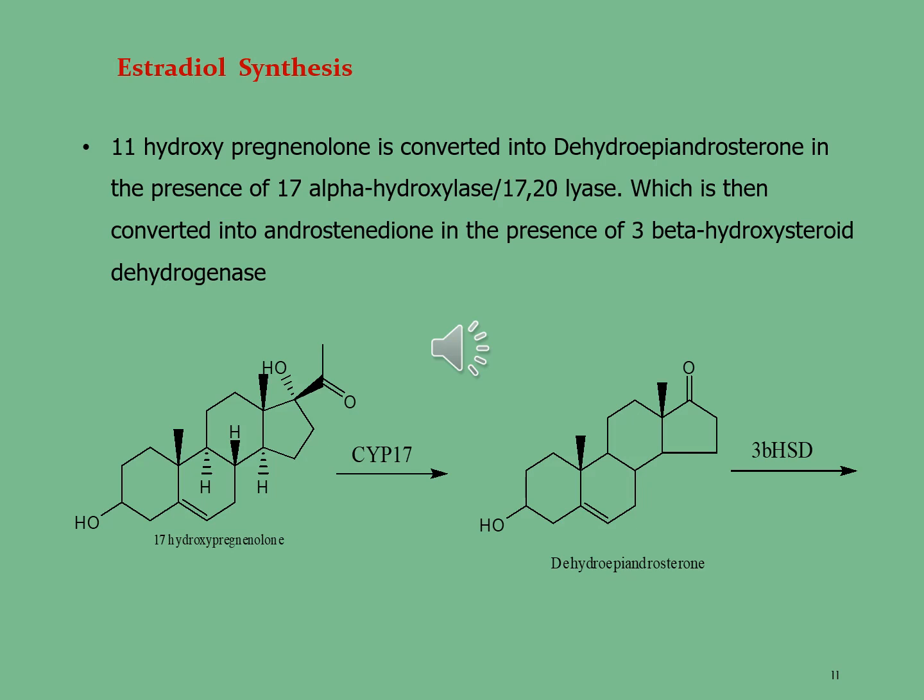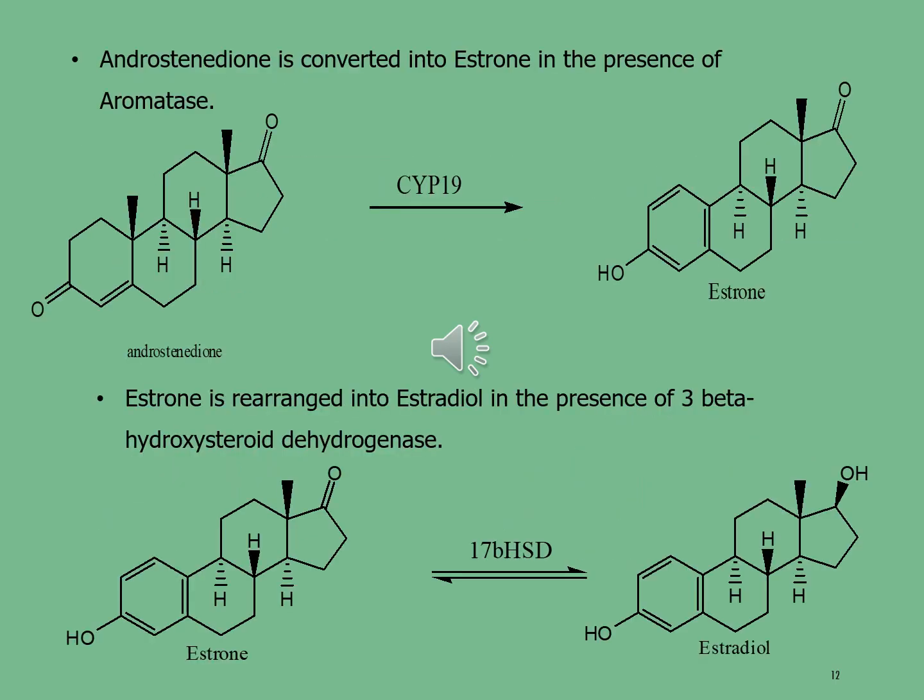So this molecule is known as dehydroepiandrosterone, which is further converted into the next molecule by the effect of enzyme 3-BHSD. In the second step, androstenedione is converted into estrone in the presence of aromatase enzyme, which is abbreviated as CYP19.